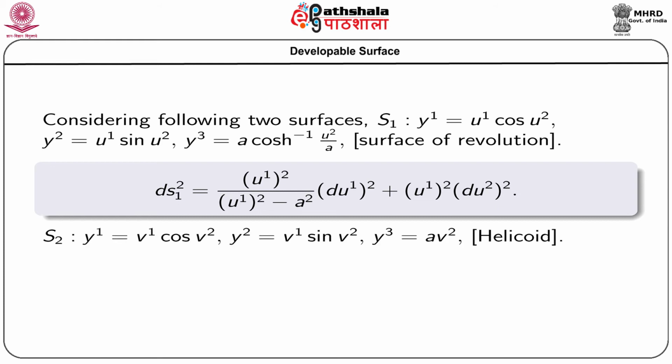Now, if we consider another surface, that is y1 equals v1 cos v2, y2 equals v1 sin v2 and y3 equals a v2, which is a helicoid.